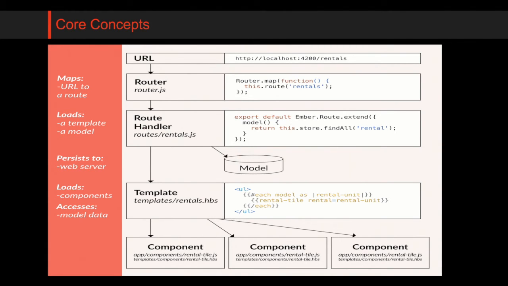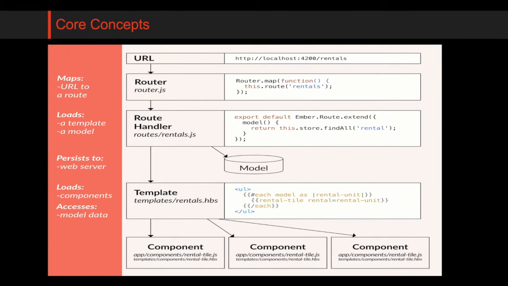Models represent persistent state. A model typically persists information to a web server, although models can be configured to save anywhere, such as the browser's local storage. Component.